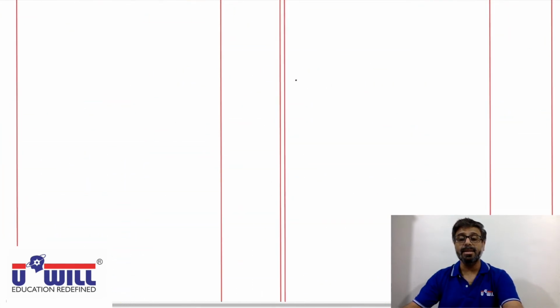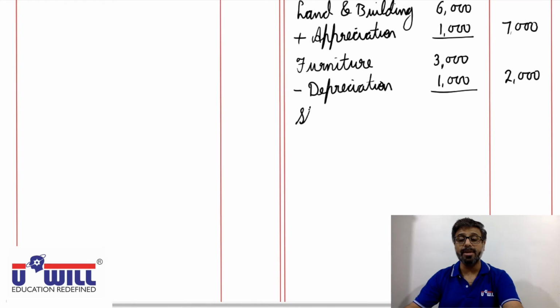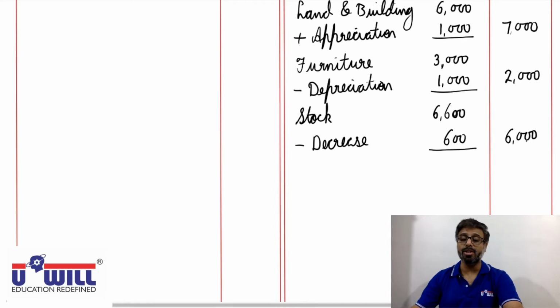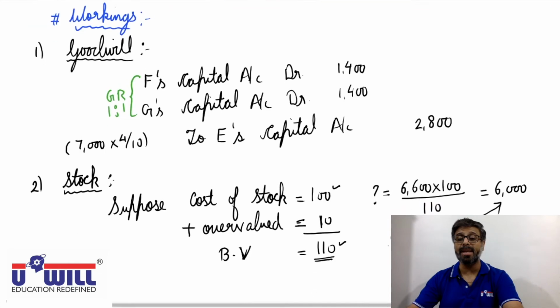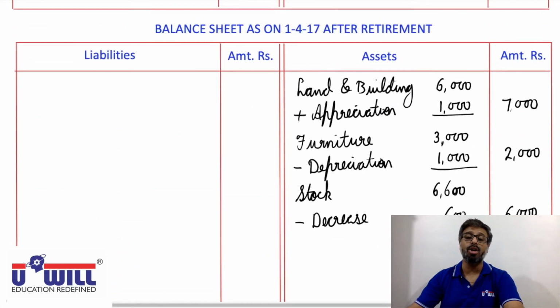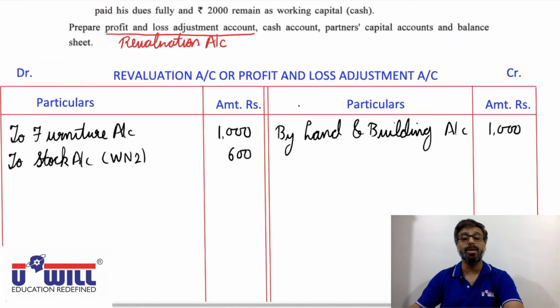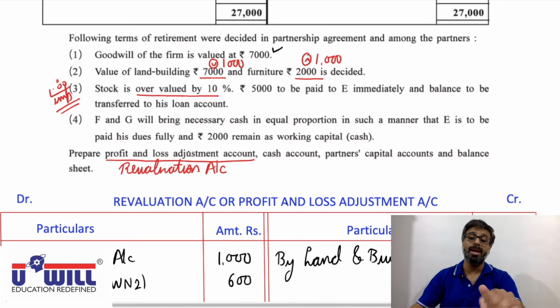Asset side, stock 6,600 minus, we have to decrease it by 600, so outer column 6,000. Otherwise also we have to decrease the stock by 600, so minus from stock, and since it is our loss in revaluation account, we write it on the debit side. Any confusion? You can rewind and repeatedly see this part of the video to understand it thoroughly.